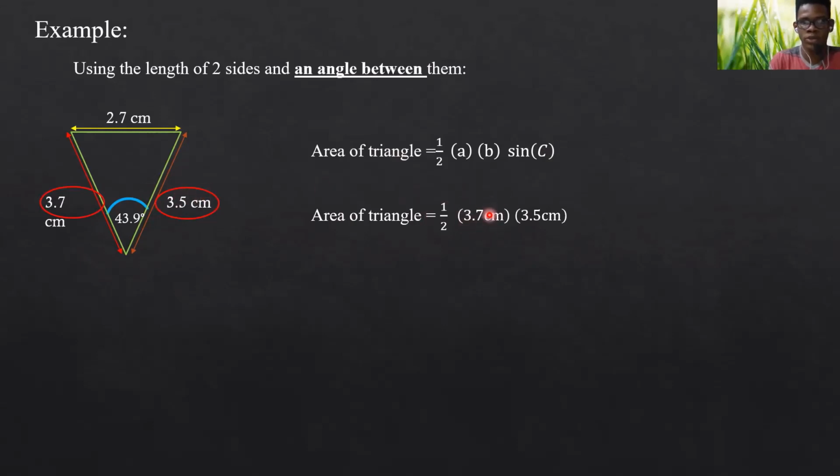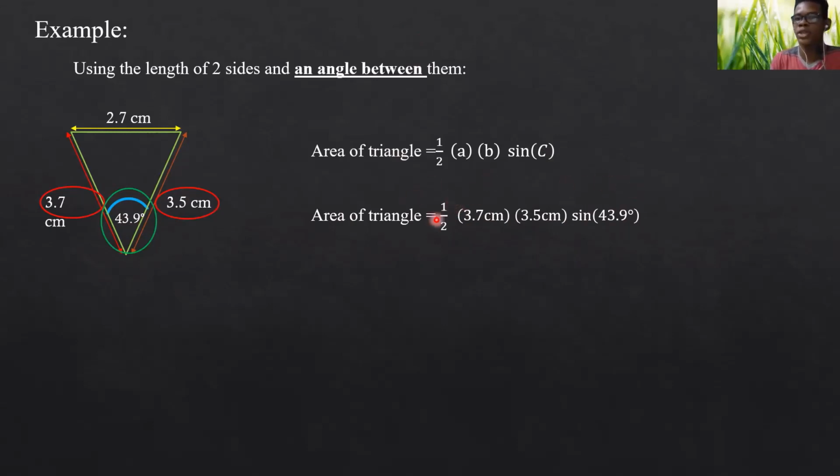So multiply 3.7 by 3.5, and then the angle between them, which is 3.9 degrees, sine 3.9 degrees. And again, sine is an operation in your calculator.